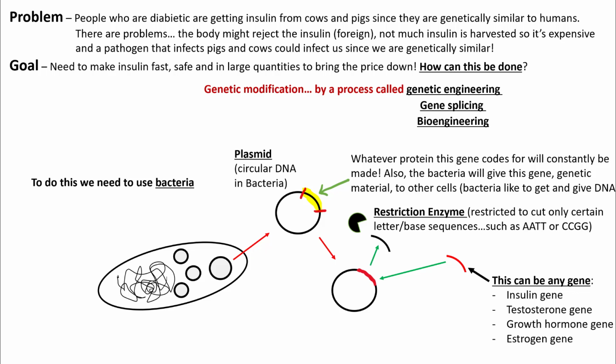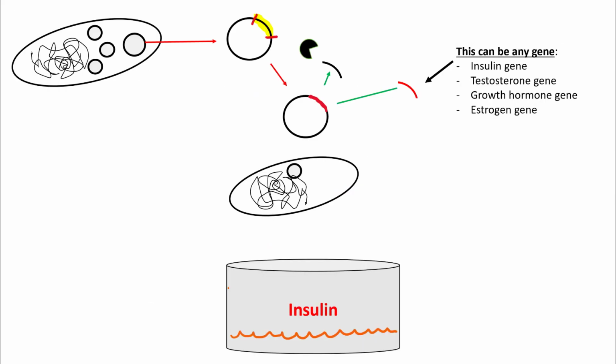It's kind of like a hybrid piece of DNA. This piece of DNA, and you can see it still, it is right here. That's the recombinant DNA. That recombinant DNA is going to go into the bacteria. Bacteria love to absorb DNA, so they're going to take that right back in.